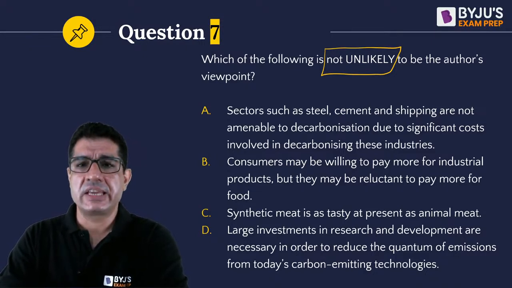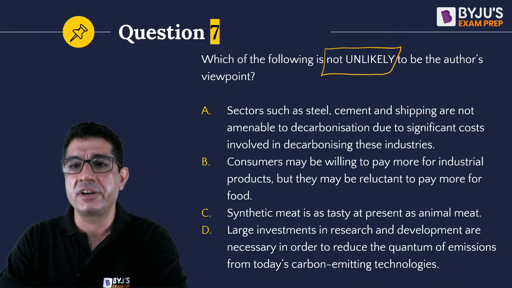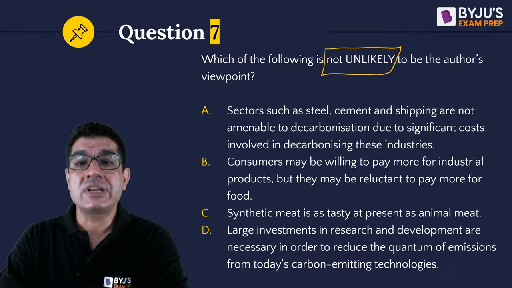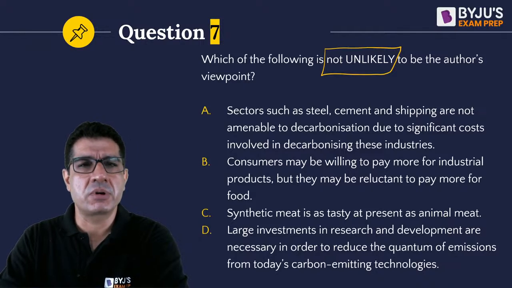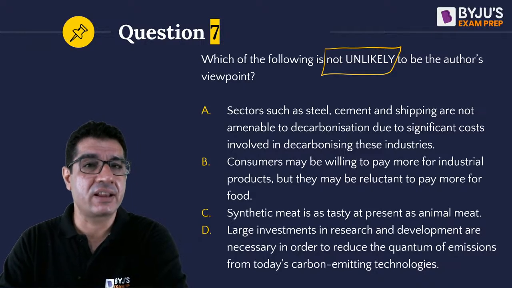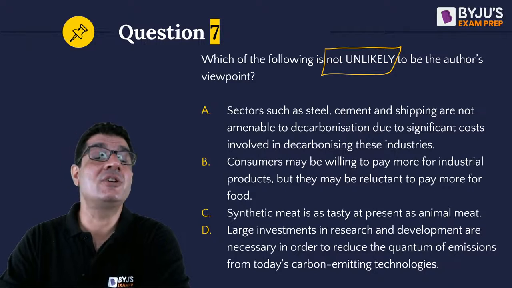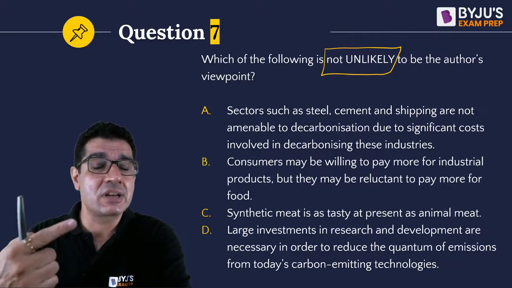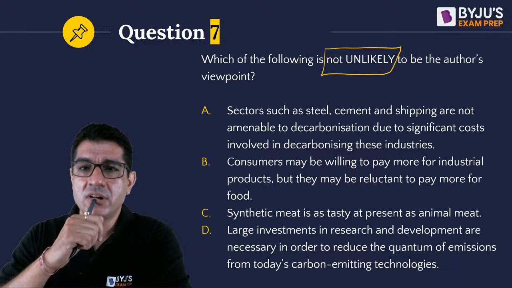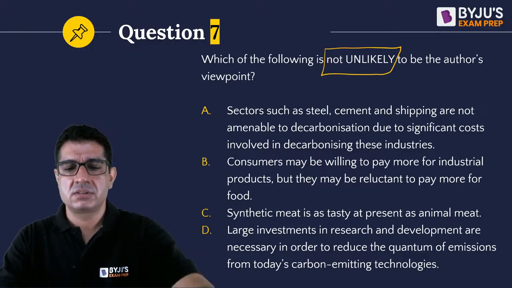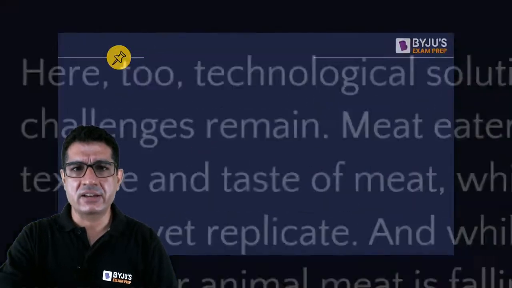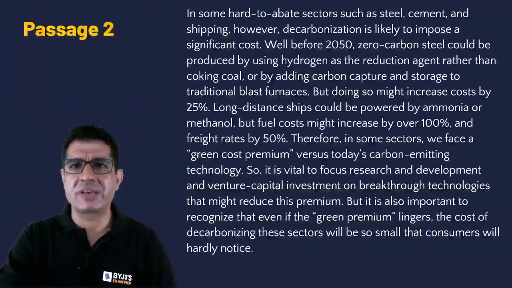So let's start with A. Sectors such as steel, cement, shipping are not amenable to decarbonization due to significant costs involved. Are they not amenable? Not amenable to decarbonization means that we cannot decarbonize them, but the author believes that we can. In some sectors, we need to come up with innovative solutions, remember? So, to say that these are not amenable will not be entirely correct. In fact, let's look at the author's words specifically.